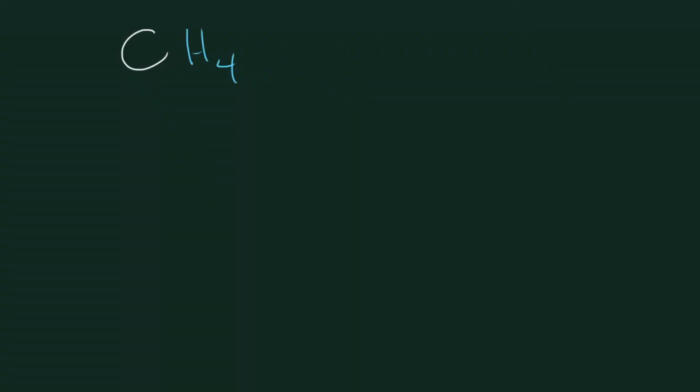Alright, so back over here. Let's count our valence electrons. Carbon is going to have 4 valence electrons, and it's only going to be 1 atom, so 4 times 1 is 4. What about hydrogen?